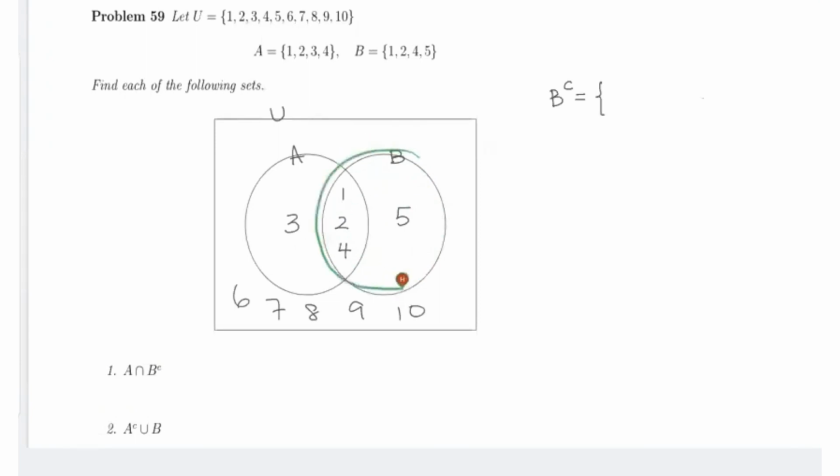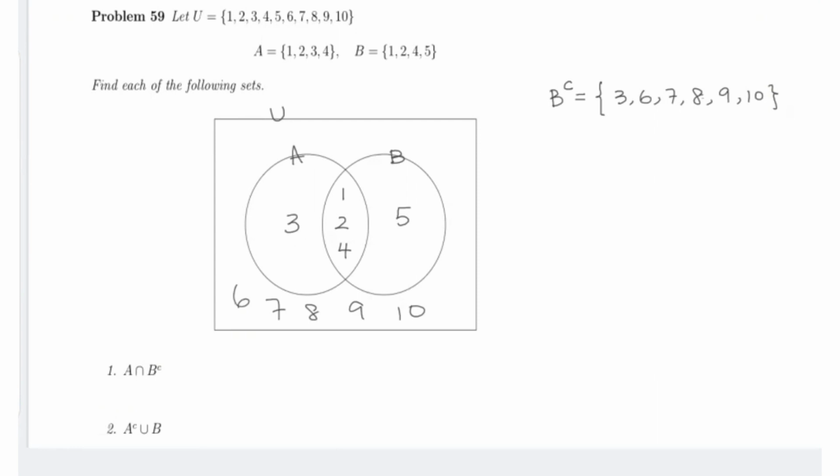So everybody outside of the circle is B complement. Do you understand this? Not just A, everybody outside of circle B is B complement. So they are 3, 6, 7, 8, 9, and 10. Okay. Any question how to find B complement?